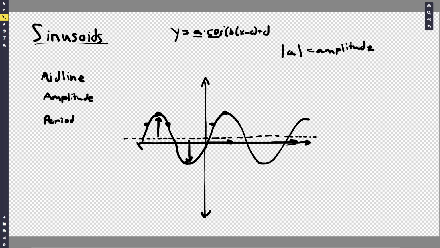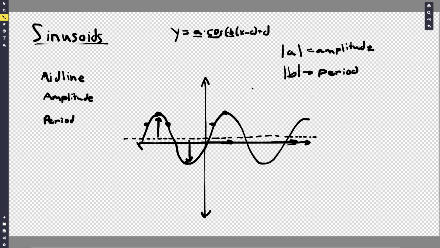Okay, and now let's look at the next part. Cosine is pretty self-explanatory, and it's going to be cosine of b times x minus c. Well, let's talk about b. What is b? The absolute value of b is used in finding the period. So it's not equal to the period, but it can help you find it. And again, I say absolute value because it doesn't matter if it was positive or negative. But it is important to note, because if it's negative, then it's going to flip the graph over the y-axis.